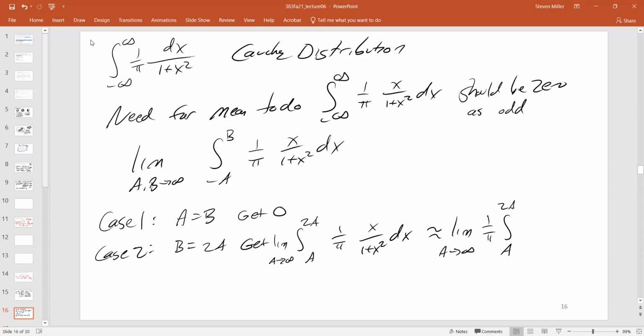X over 1 plus x squared when x is really large is approximately 1 over x. So this is the limit as a goes to infinity of 1 over pi times the integral of 1 over x, which is log. The log of 2a minus the log of a is just the log of 2.